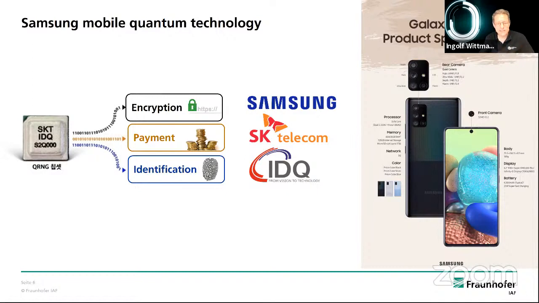So that's really needed to make the technology working in a production environment. And nobody of the users, or there's a limited amount of people, of users of that mobile phone, is really having a clue about quantum technology.